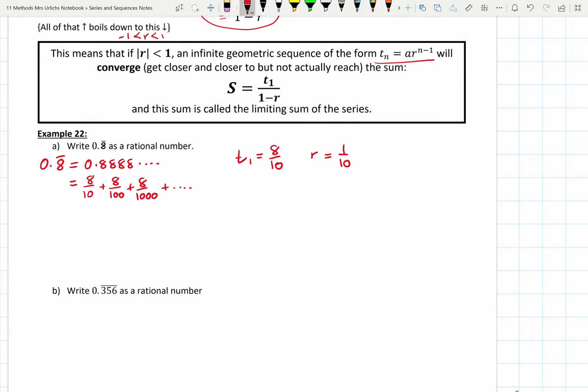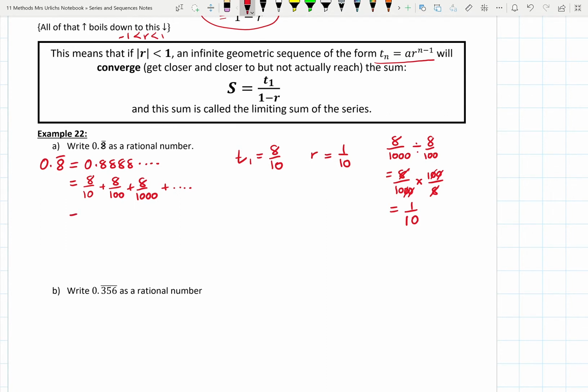If you're not sure of that, then you can check by going 8 divided by 1,000 divided by 8 divided by 100, which will be 8 on 1,000 times 100 on 8. The 8s cancel, 2 factors of 10 cancel, and we're left with a ratio of 1 on 10. So from there we can use the formula.